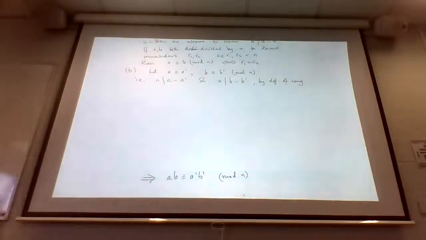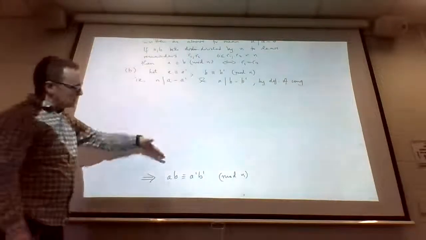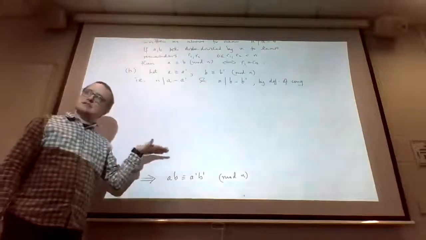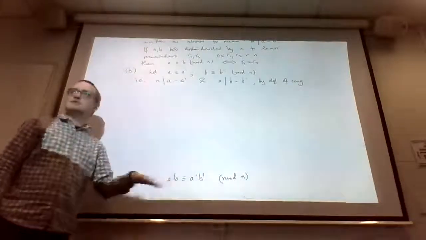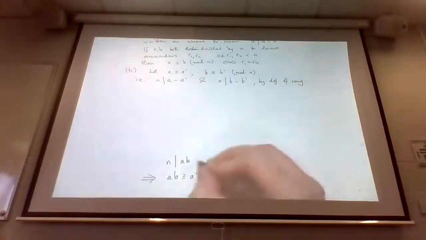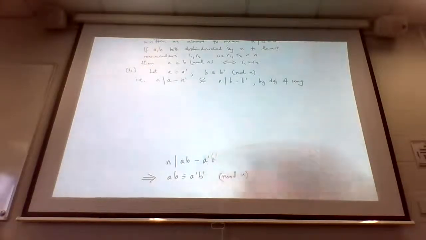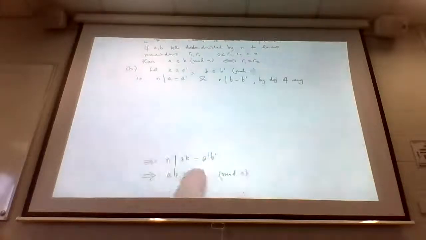And it's all going to turn on the definition of congruence in terms of divisibility. So what divisibility statement do we need to establish in order to make this conclusion? Well, you need to reach this divisibility statement, that n divides the difference between ab and a prime b prime. So we need something to imply that.